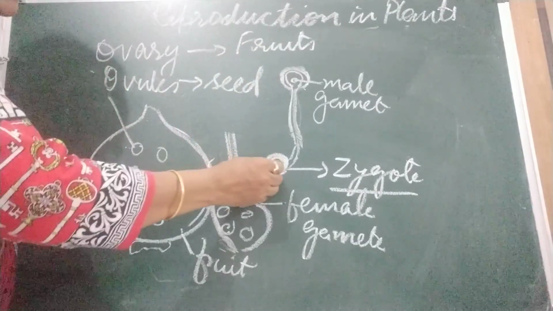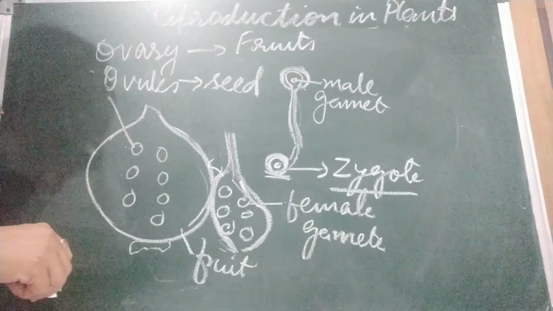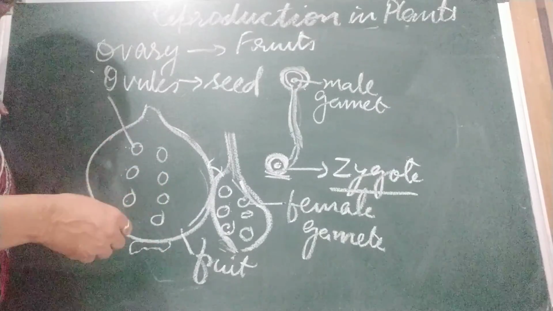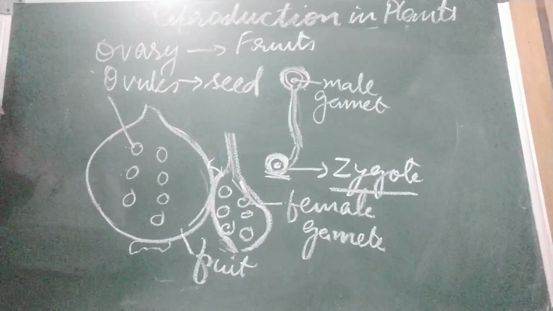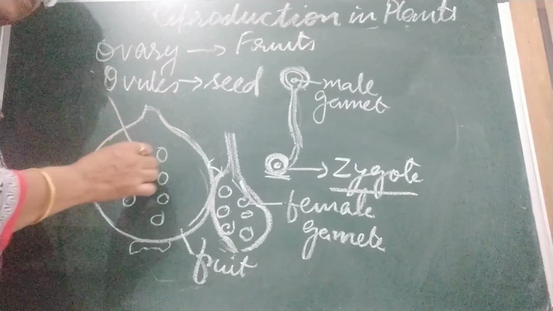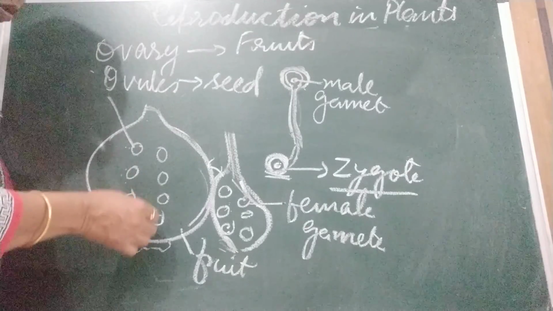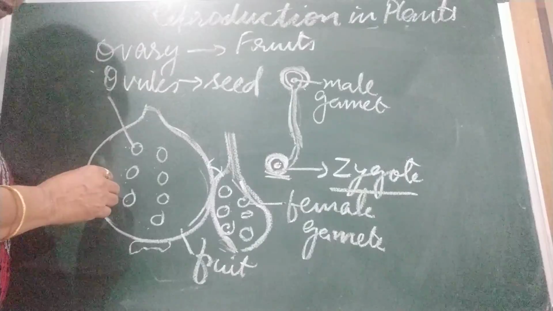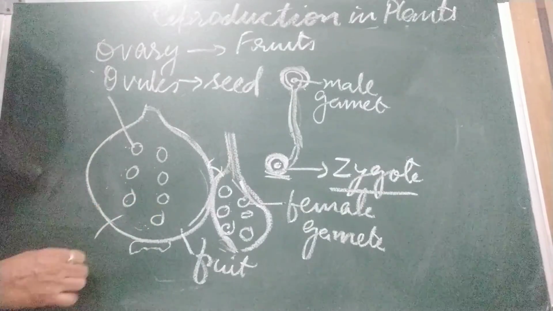Inside the seed, this baby is there. A fruit may have one or more seeds. Petals, sepals, and other parts of the flower dry up and fall off. Now this fruit protects these seeds. The fruit is the seed bearing part of the ripened ovary. This ovary is now a ripened ovary.